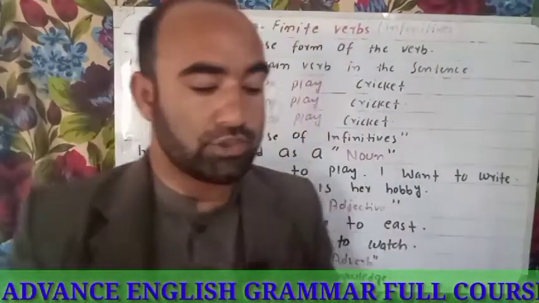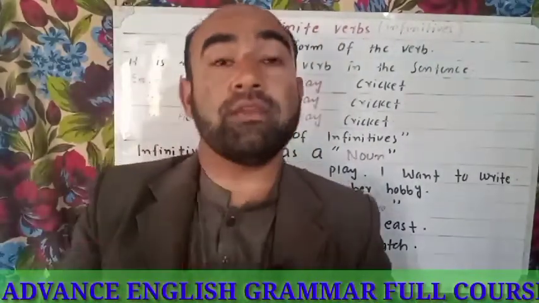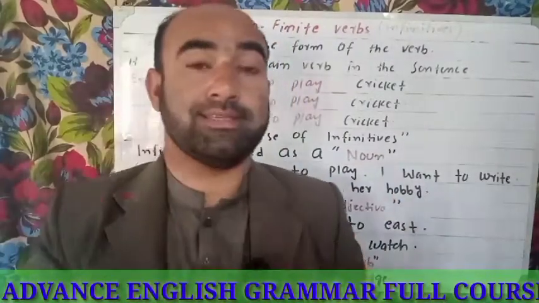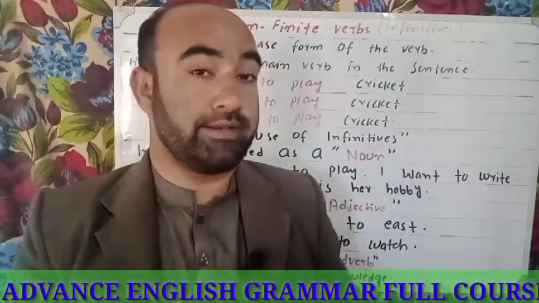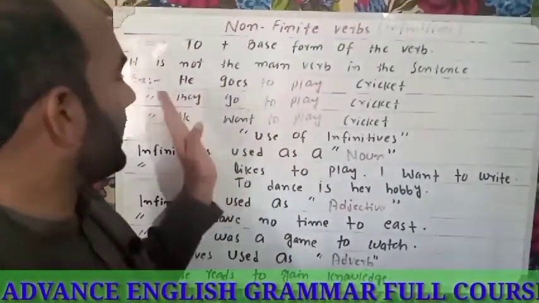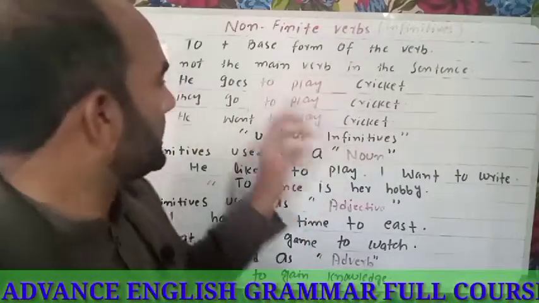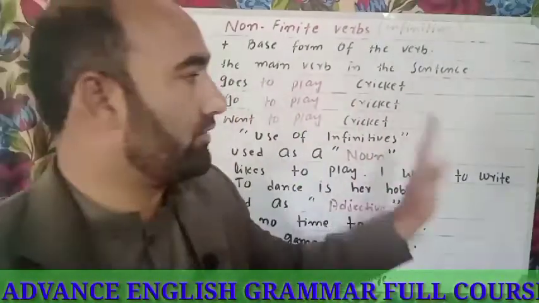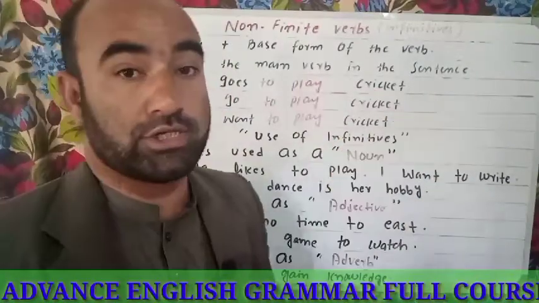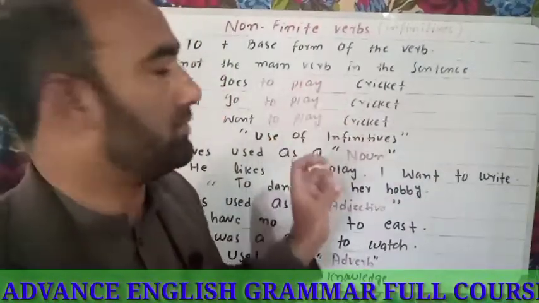Keep in mind, it is not used as the main verb of the sentence. It is used in different ways. Later on I will talk about these. Now here I have given some examples. You will understand the finite and non-finite verbs, inshallah, in a better way through these examples.